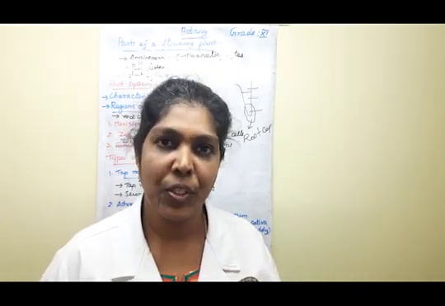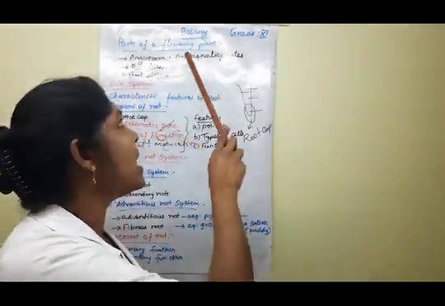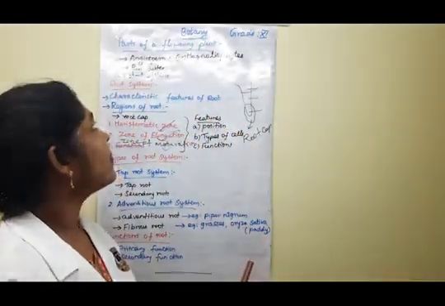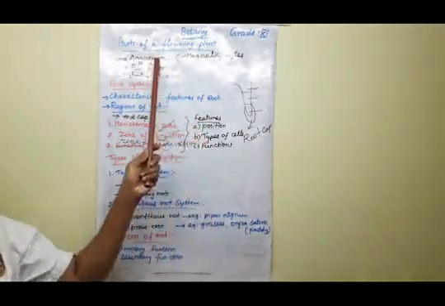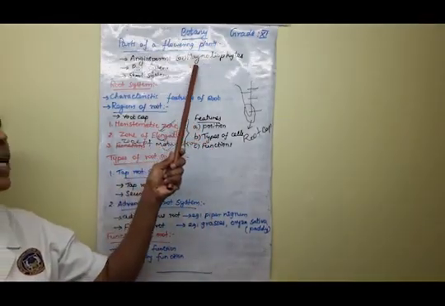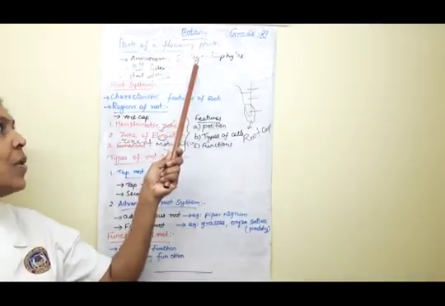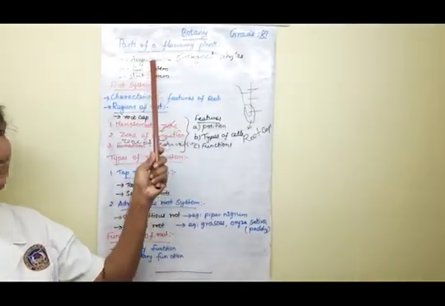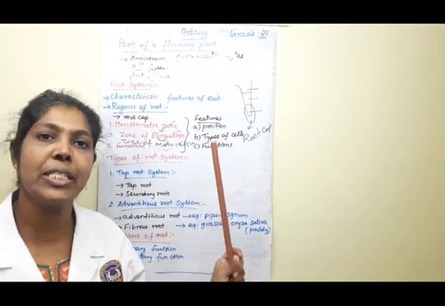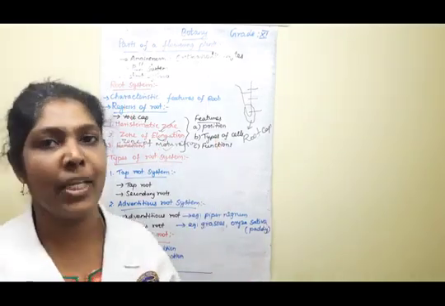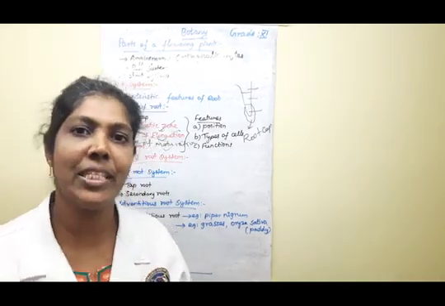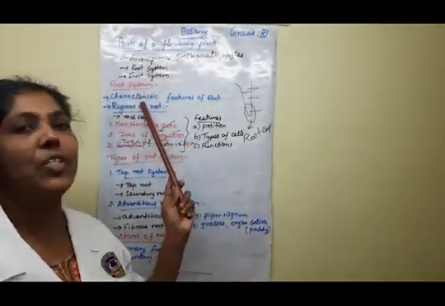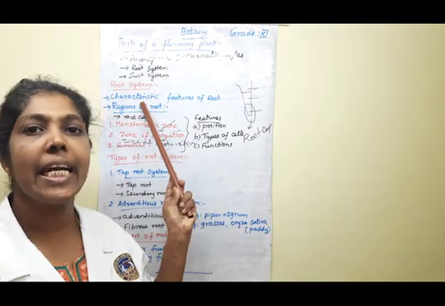Once again, let us recall from beginning to end. First, the flowering plants, called angiosperms or magnoliophytes, comprise two systems: the root system and the shoot system. First we moved into the root system and learned its characteristic features.